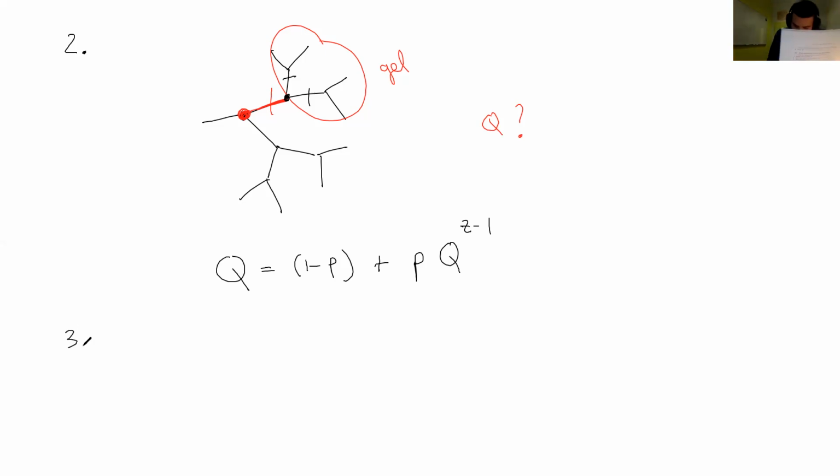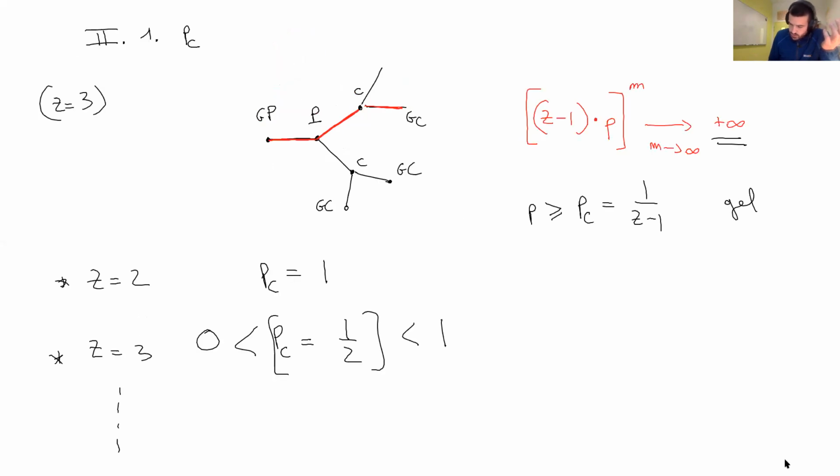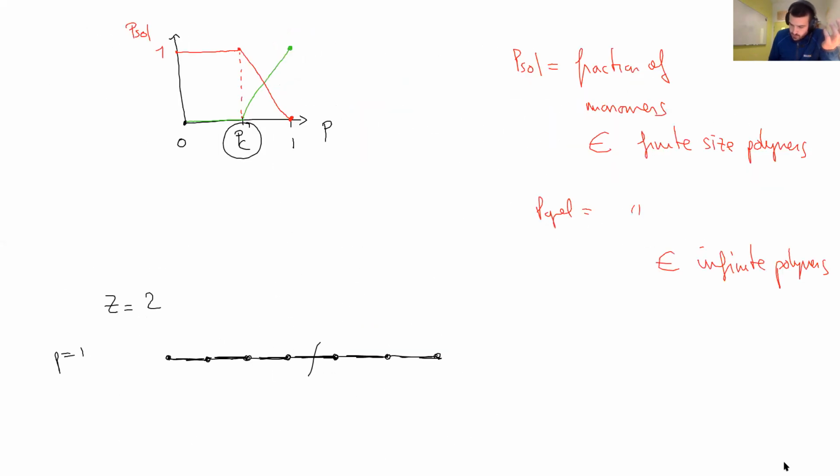So I'm not really interested in Q, I'm interested in P sol. P sol, remember, we wrote it somewhere. P sol is the fraction of monomers that belongs to finite size polymers. So it's the fraction of monomers that don't belong to the gel.